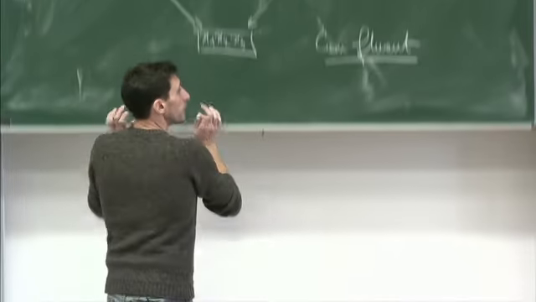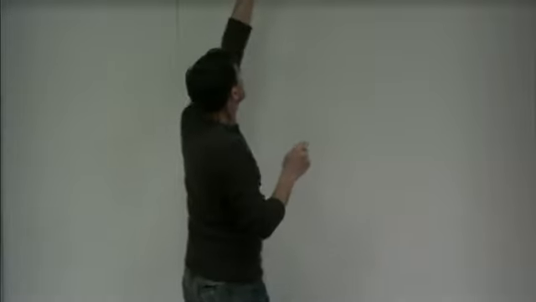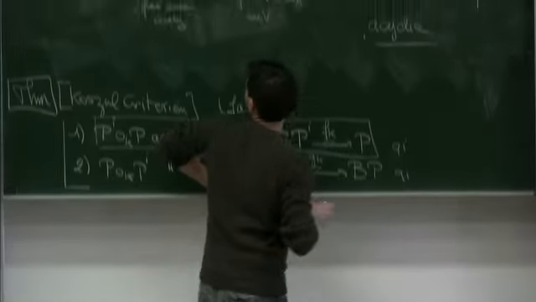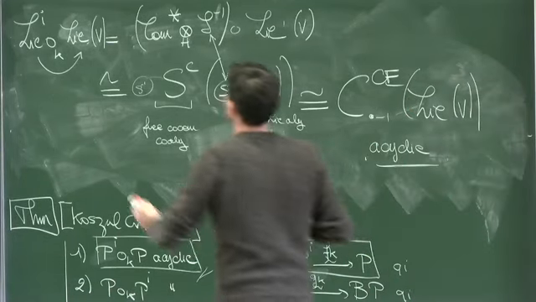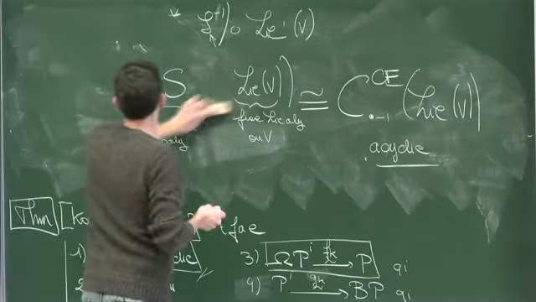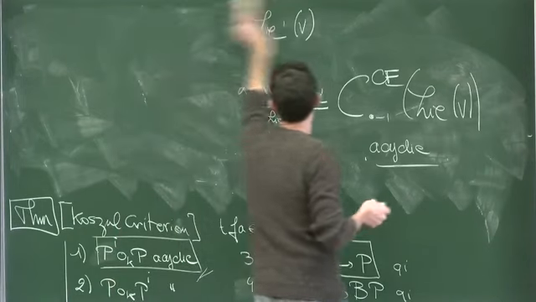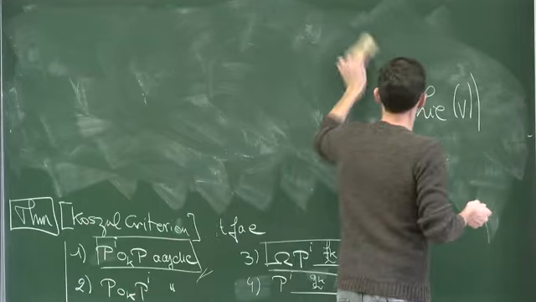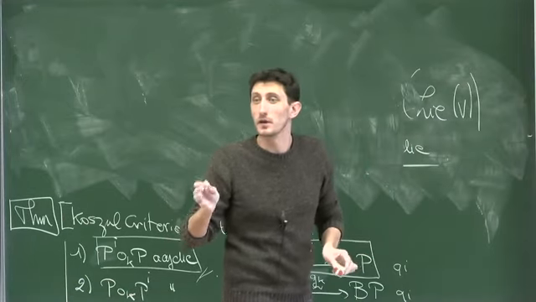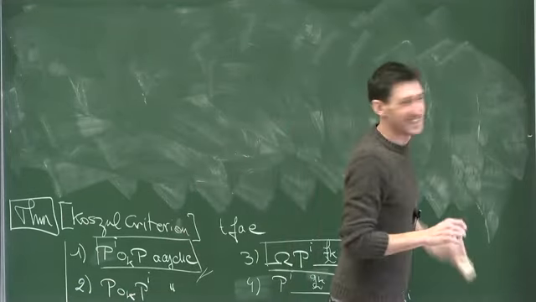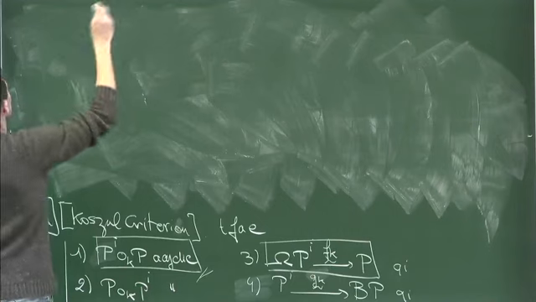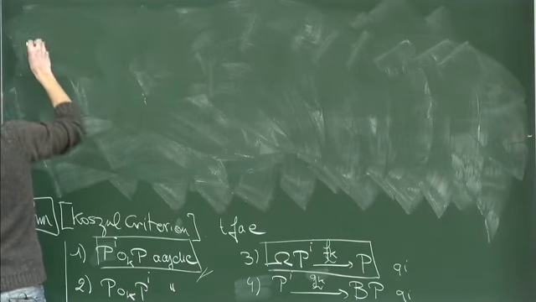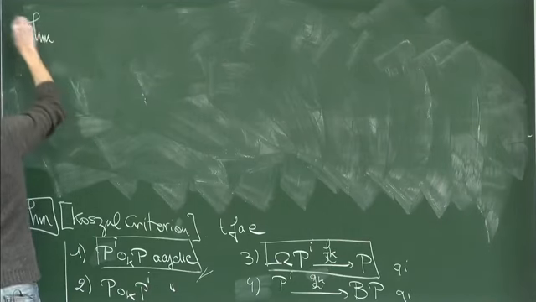So let me write the theorem, and then we can go to it. Here there is no more relation. It's even much better than that. You will have your Poincaré-Birkhoff-Witt theorem here. Anyway, what's the theorem?